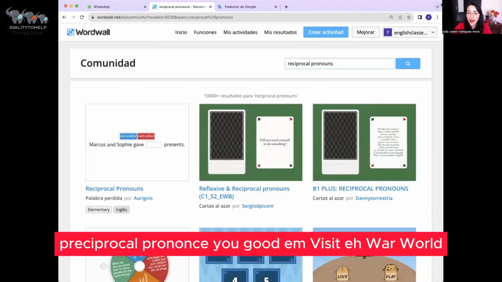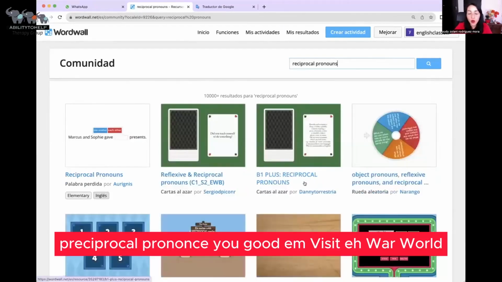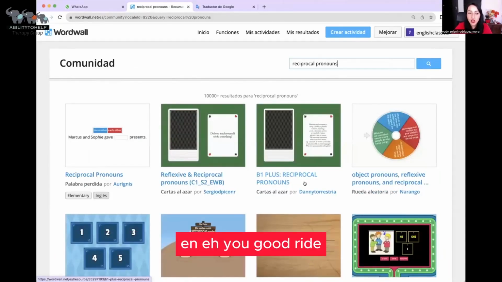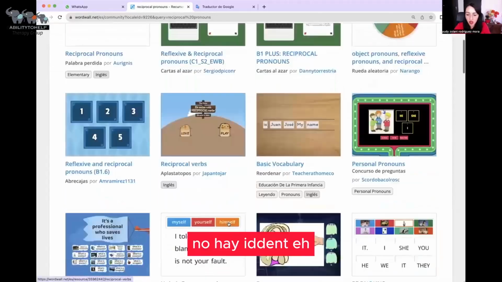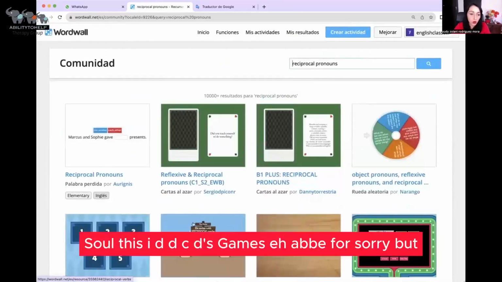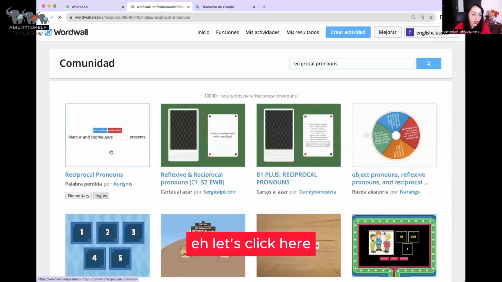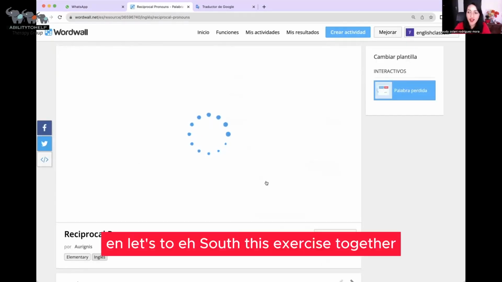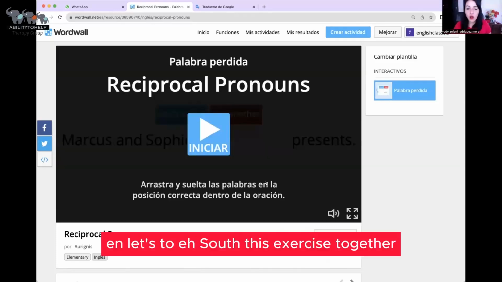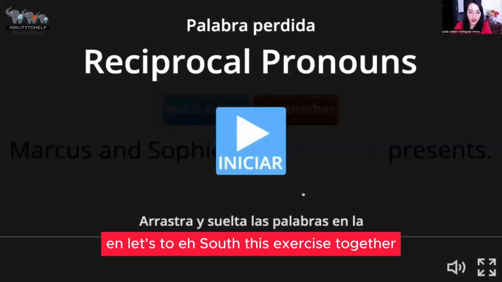You could visit a word wall, and you could write reciprocal pronouns, then look for these activities. I didn't see these games before, sorry, but let's click here and solve this exercise together.